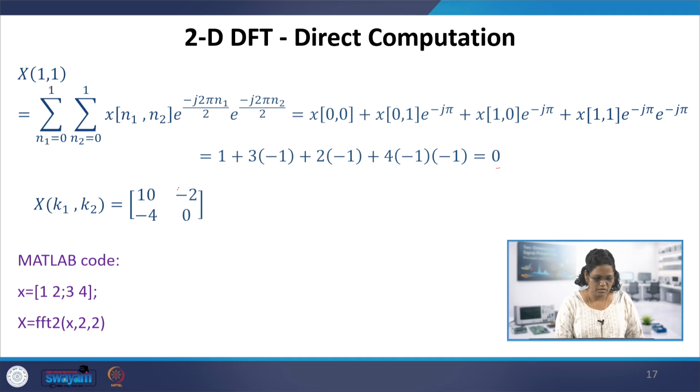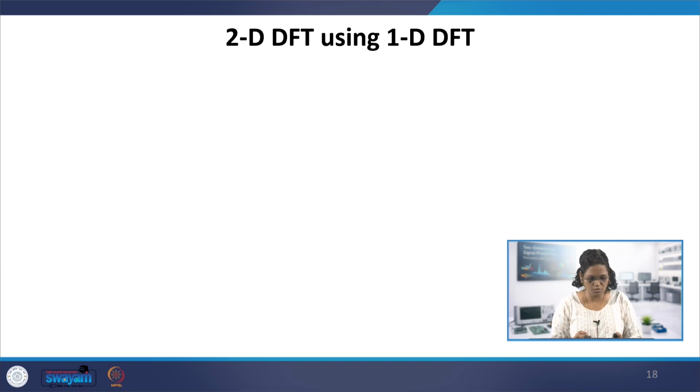This direct computation can be obtained from simple MATLAB code. x is 1 2 3 4, and using fft2 of x comma 2 you have to give the size, here a 2 cross 2 matrix, you get the capital X, which is the bin indices of the 2D DFT.